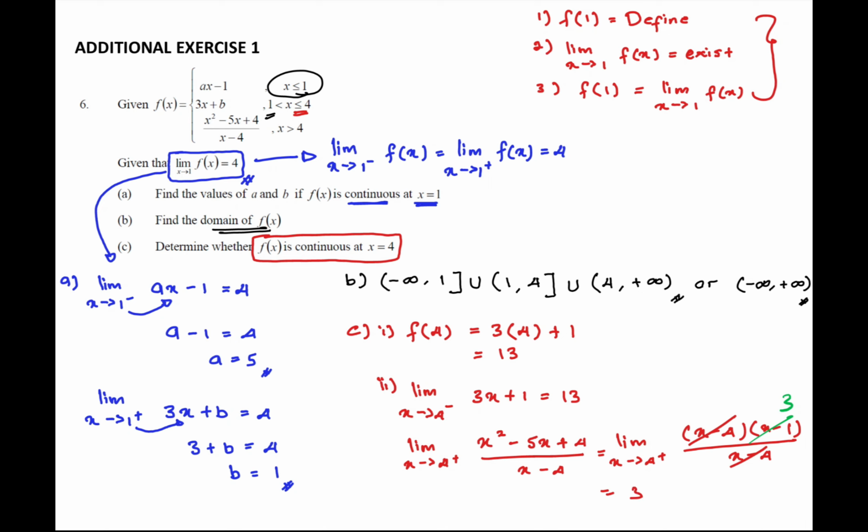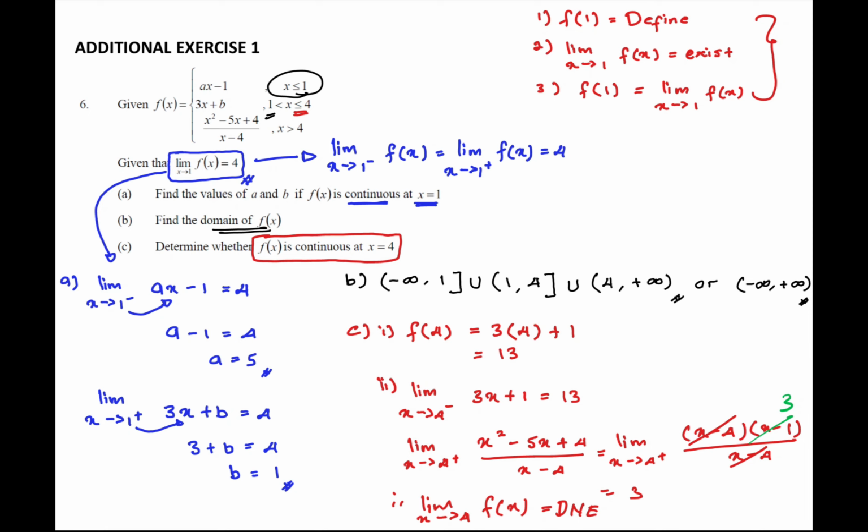Since the limit from the left is not equal to the limit from the right, we can conclude that the limit as x approaches 4 for f(x) does not exist.